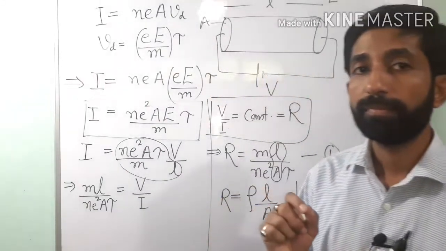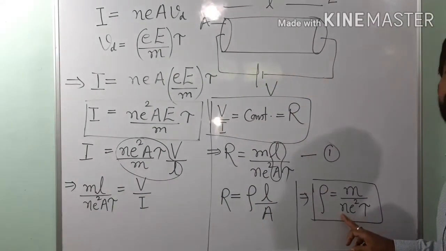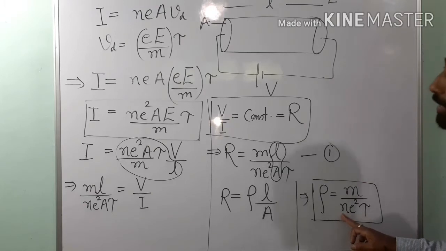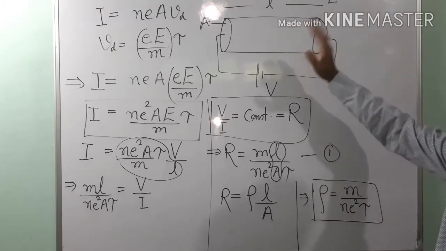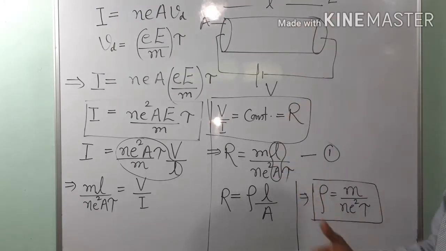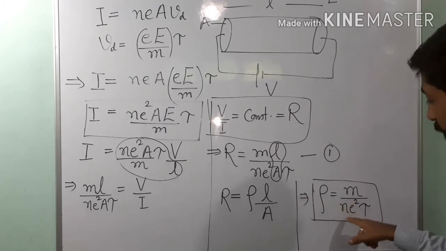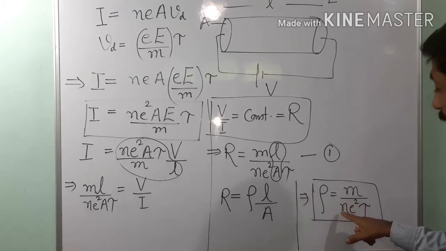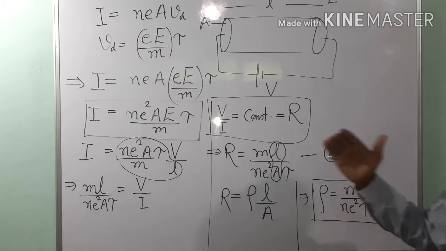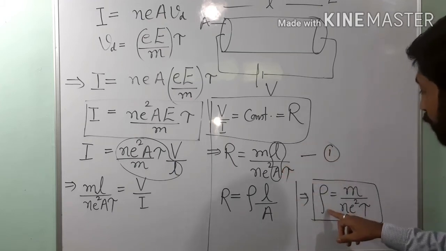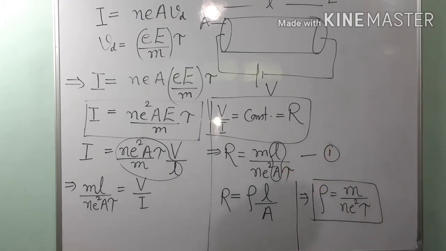So if n is larger, for example in any metal, mercury, iron, gold, silver, n is very large. If n becomes large at a particular temperature I am talking about, then rho will be low.